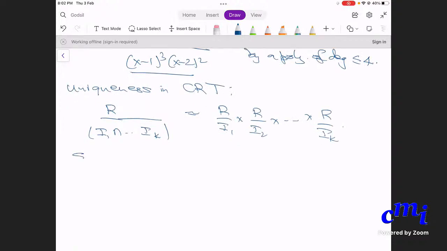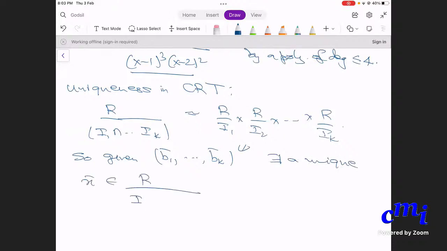What this means is, given b1 bar up to bk bar in this ring, there exists a unique x bar in R mod I1 intersect Ik such that x bar equals b1 bar, b2 bar up to bk bar.